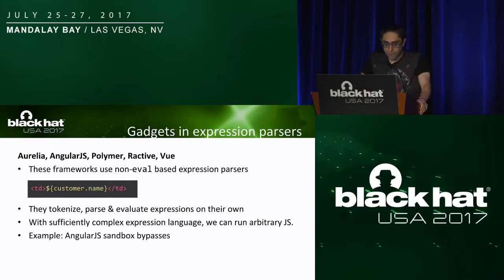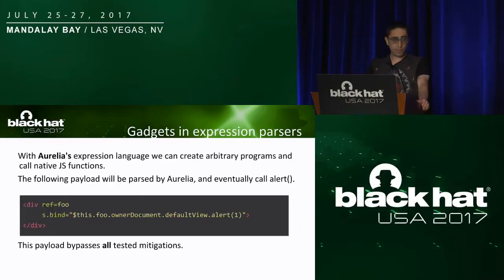It turned out that with sufficiently complex expression languages in those frameworks, we can actually run arbitrary JavaScript, bypassing CSP. As an example, there has been prior research bypassing the AngularJS sandbox mechanism by, for example, Mario Heiderich and other researchers. And this is an example of gadget-like behavior in AngularJS. But we generalized that concept, or built on it. So this is how you exploit Aurelia into executing alert, essentially.